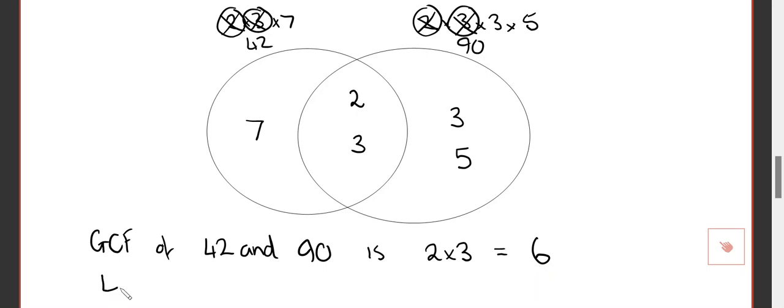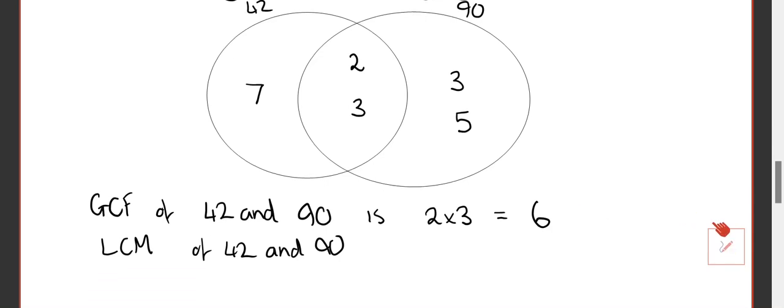What's the lowest common multiple of 42 and 90? How do we do that? Anyone that's following me know how to get the lowest common multiple then? I would like someone, you've been answering lots. Is there anyone else that could jump in? Mia, could you jump in?